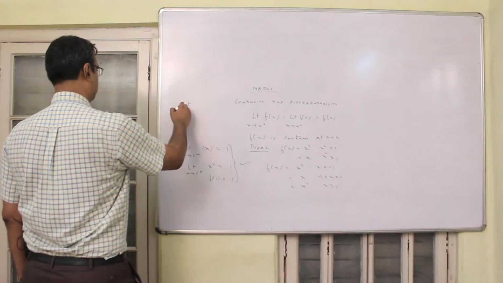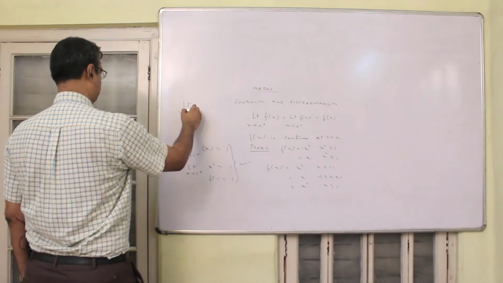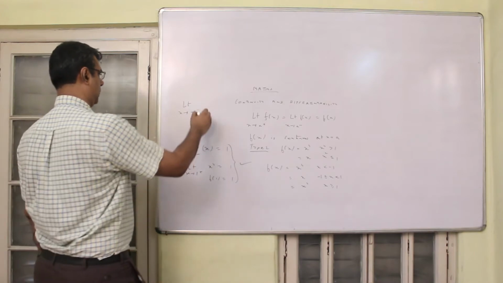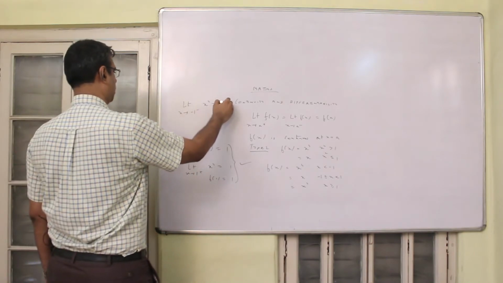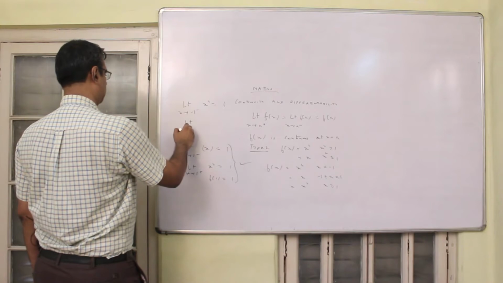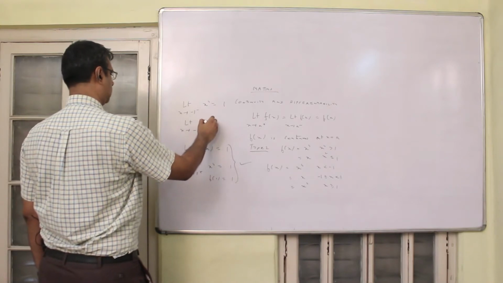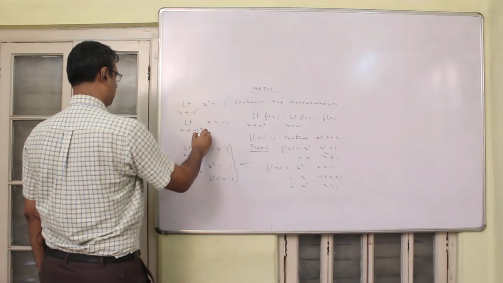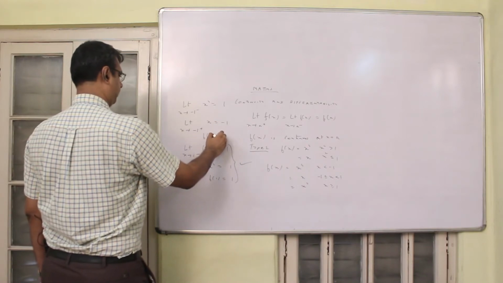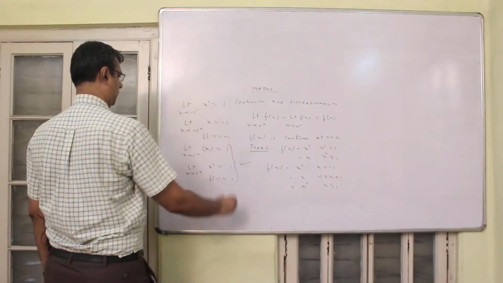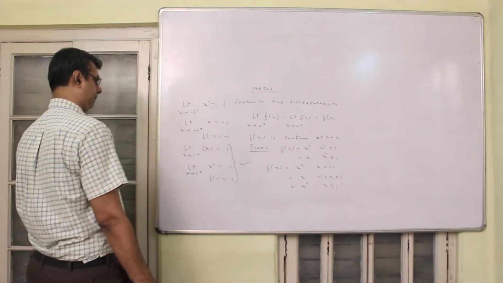Now let us examine the point minus 1. The left hand limit at minus 1 is equal to 1. The right hand limit at minus 1 is equal to minus 1 and f(minus 1) is also minus 1.